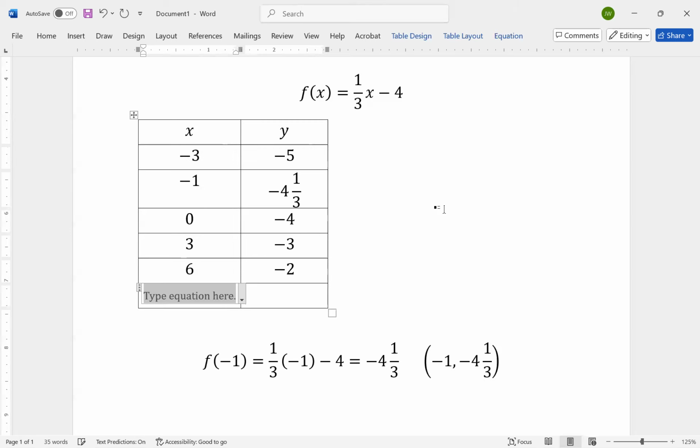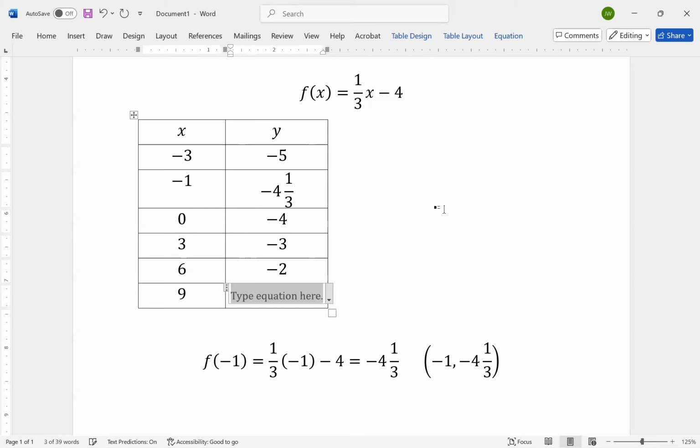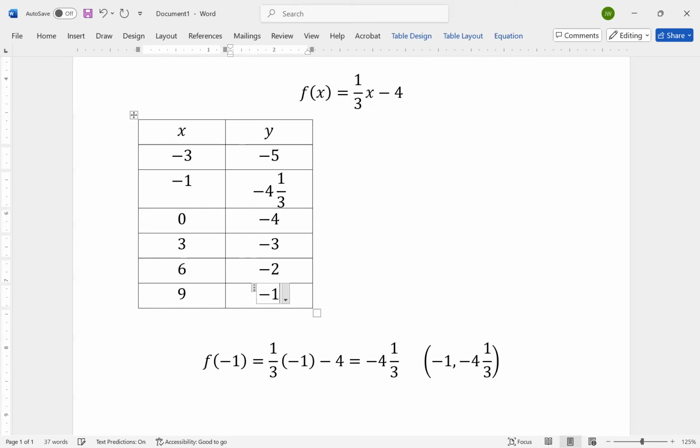And if I plug in a 9, I get out a -1. So plugging in multiples of 3 were kind of nice in this case because by doing that, it would cancel out my denominator when I multiply.